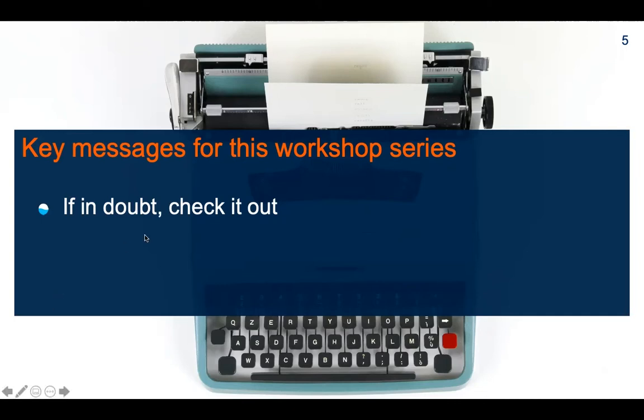The second message then, which I'm going to reiterate, is if in doubt, leave it out. So when you're writing, especially when you're towards the end of writing your thesis, for instance, there's going to come a point where you're reading through and you're thinking to yourself, especially if you have too many words and you need to edit out some words to get it to the appropriate word count.